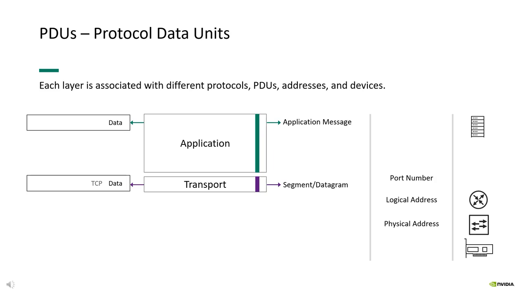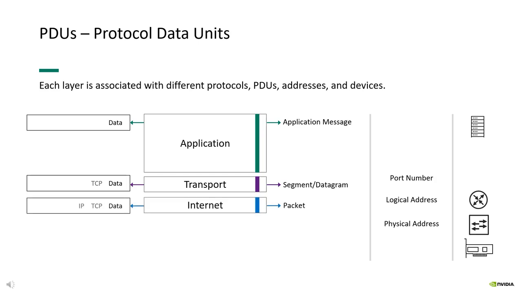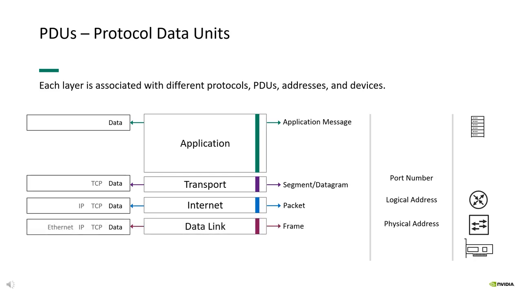A TCP segment or a UDP datagram is handed over to the internet layer and is further encapsulated with the layer 3 header, containing, for example, source and destination IP addresses. The layer 3 PDUs are called packets. Packets are routed in the network by layer 3 devices called routers. Packets are then passed down to the data link layer that adds a layer 2 header.